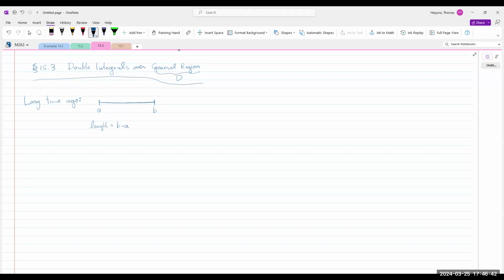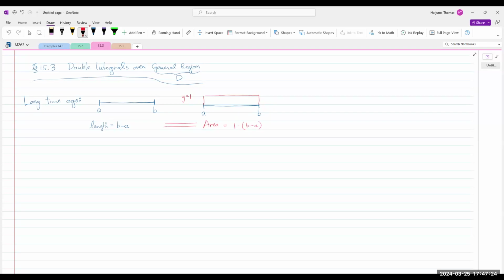You will see that the length of this interval is actually the same as the area of the rectangle if I make the height 1. So the length of this interval now equals the area of the rectangle, which is 1 times B minus A, right?